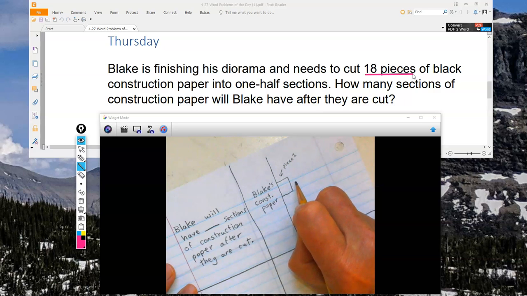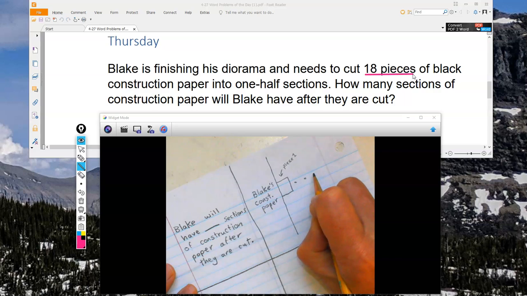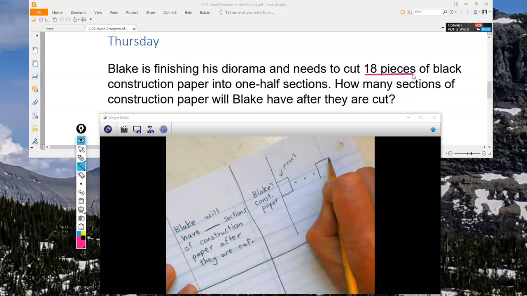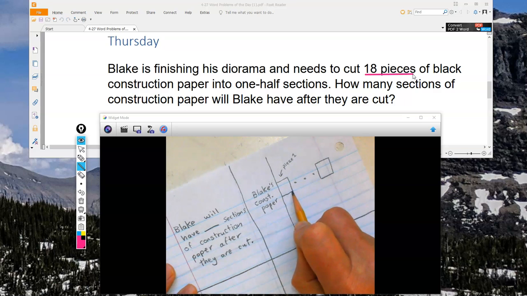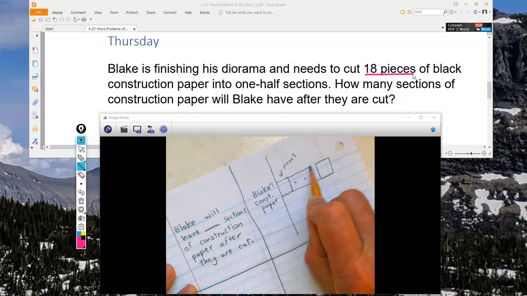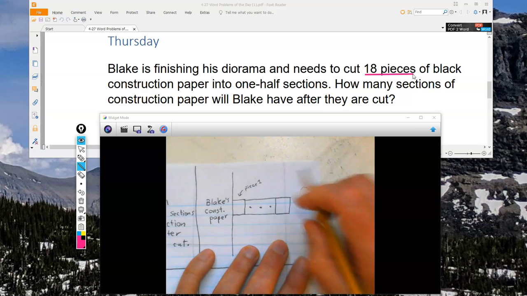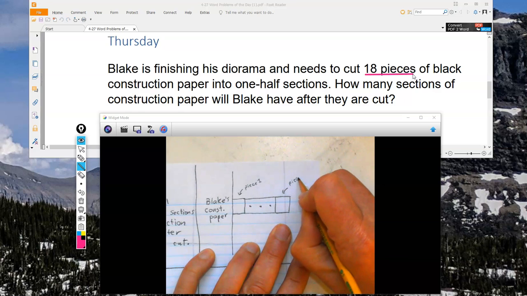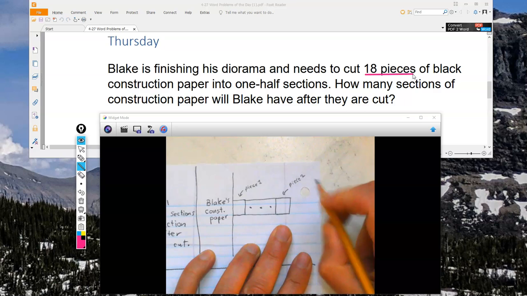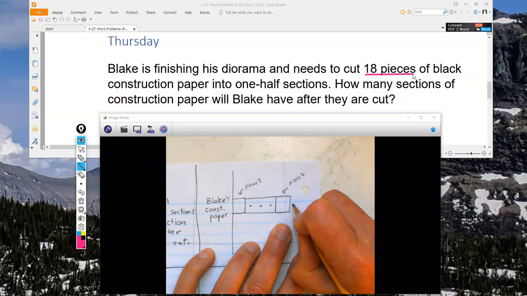Then we'll draw 3 dots, which means I don't want to draw all 18. I'm just drawing 3 dots to show that there are 18 total. I'm just not drawing all of them. But this one's going to be piece 2. And I have 18 total pieces of construction paper.